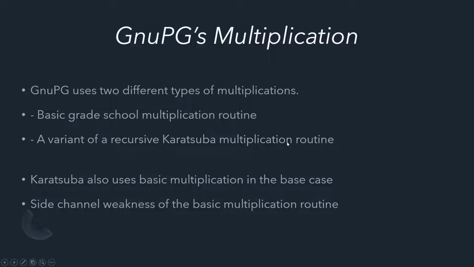When you multiply two numbers, each of size n, it takes around n squared complexity. But when you use Karatsuba, that reduces the complexity, and that's why they have implemented a variant of Karatsuba in the code.